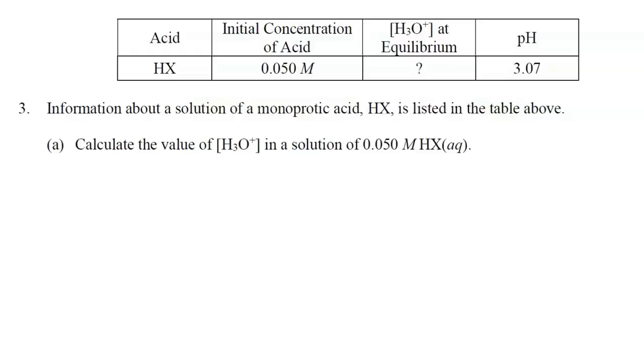molar HX. So if you're wondering how to start this problem, we're not going to use 0.050 to get the concentration of the hydronium ion. Instead, we're going to use a pH of 3.07 to determine the concentration of the hydronium ion. And that's because the definition of pH is the negative log of H plus, or the negative log of the hydronium ion.